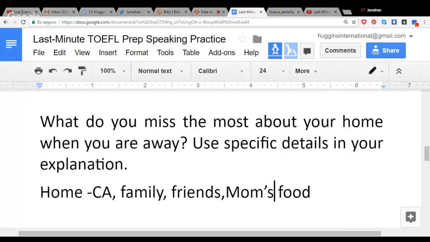Those are people that I unfortunately do not see on a regular basis, so I miss them quite a lot, and I get a little homesick from time to time, especially because I can't eat my mom's food. She's a really good cook, and I love a couple things that she's made for Thanksgiving dinner, and some desserts like turkey and stuffing and the pumpkin pie.